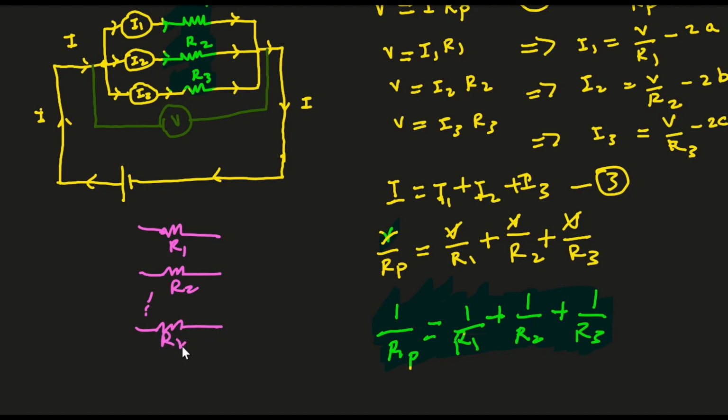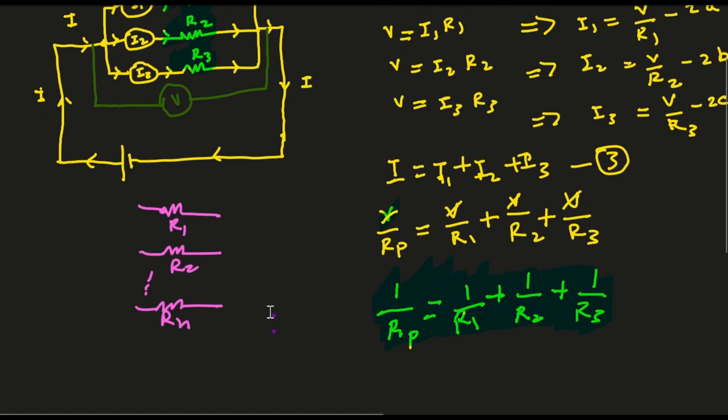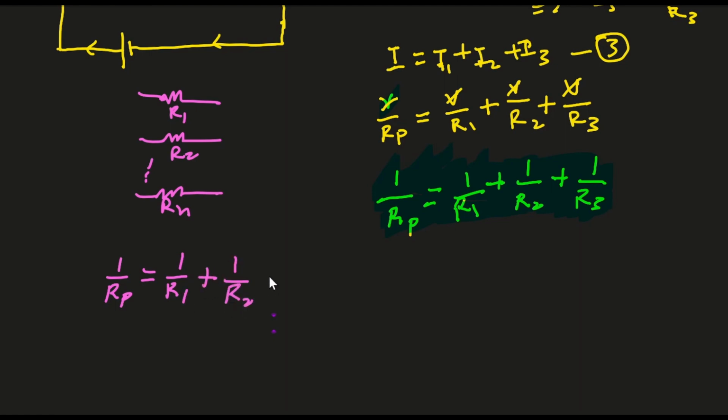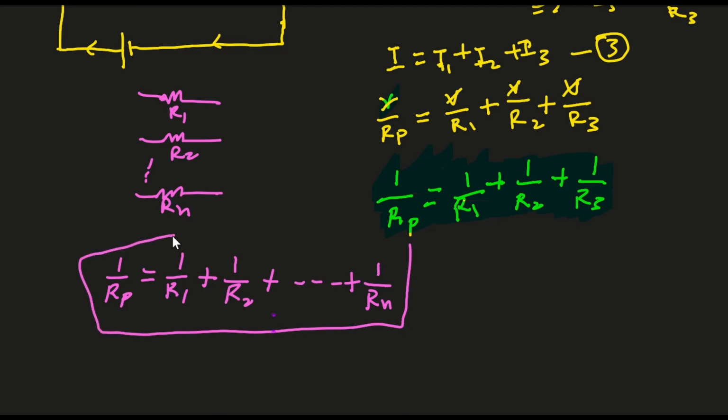By using the same logic, we can generalize this relation: 1 upon Rp is equal to 1 upon R1 plus 1 upon R2 plus so on, and plus the last term 1 upon Rn. So this will give the total parallel resistance for n number of resistors.